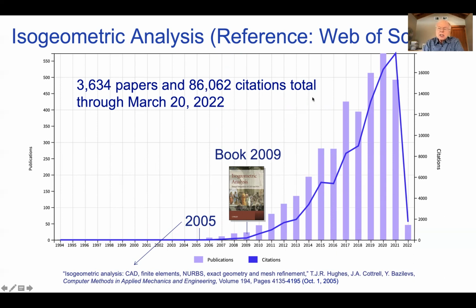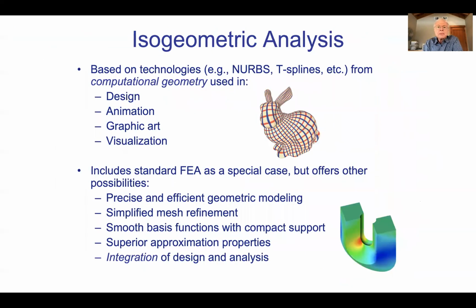So it's gotten a lot of attention. And actually the growth rate of isogeometric analysis is much faster than for finite element analysis, which seemed to sweep away the world. But it took a long time for finite element analysis to do that, depending on where you place the start, say the 1950s or 60s.